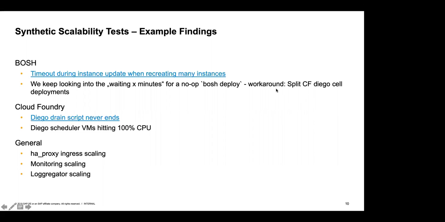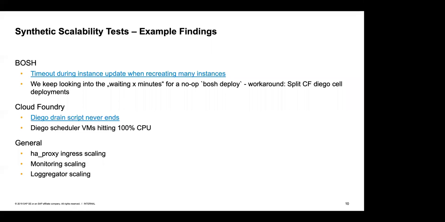On the other hand, there's also the workaround, obviously, to split the BOSH deployment that makes up the Diego cells into multiple deployments. So there we've essentially started by splitting CF deployment into two. One BOSH deployment that is updating the Cloud Foundry control plane, and then another BOSH deployment that is updating all the Diego cells.